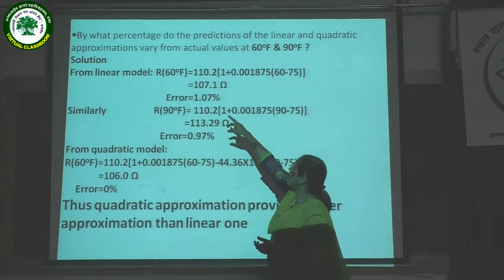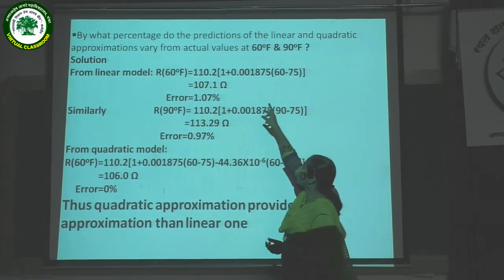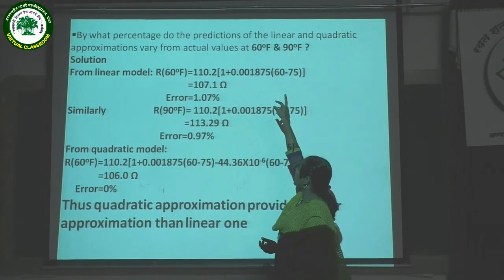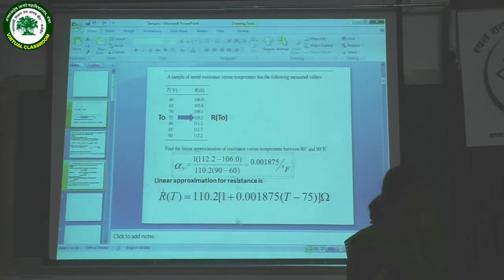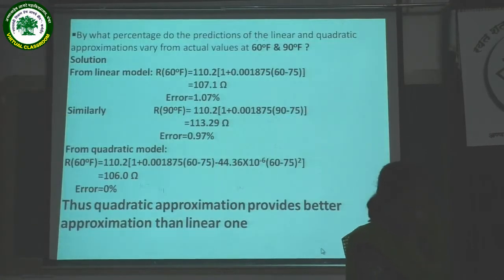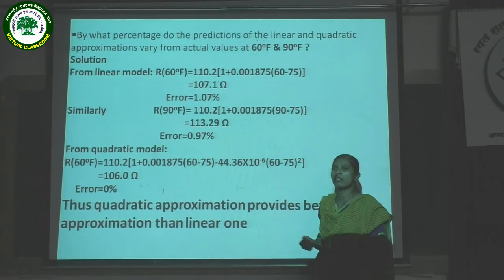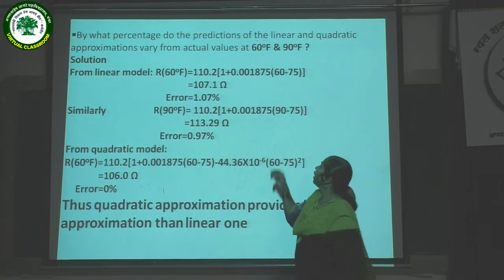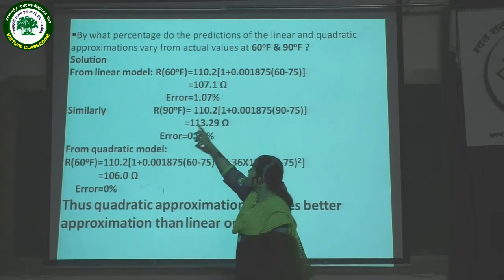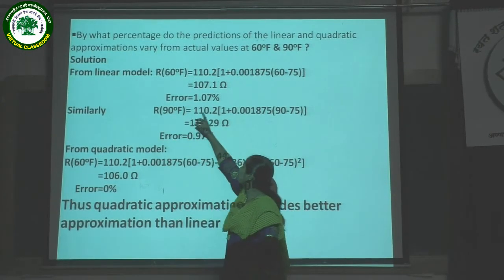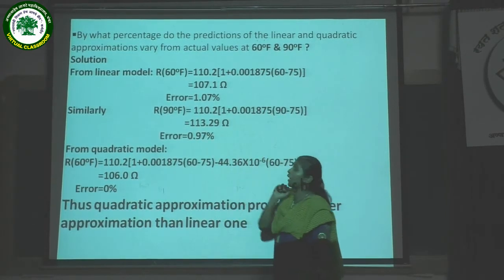Again we have used the linear equation, and by substituting values of alpha and temperature, we will get 107.1 ohm by using the linear model. Similarly, at 90 degrees Fahrenheit, we have the same equation, R at 90 degrees Fahrenheit is equal to the same thing. Again by solving, we will get 113.29 ohm.